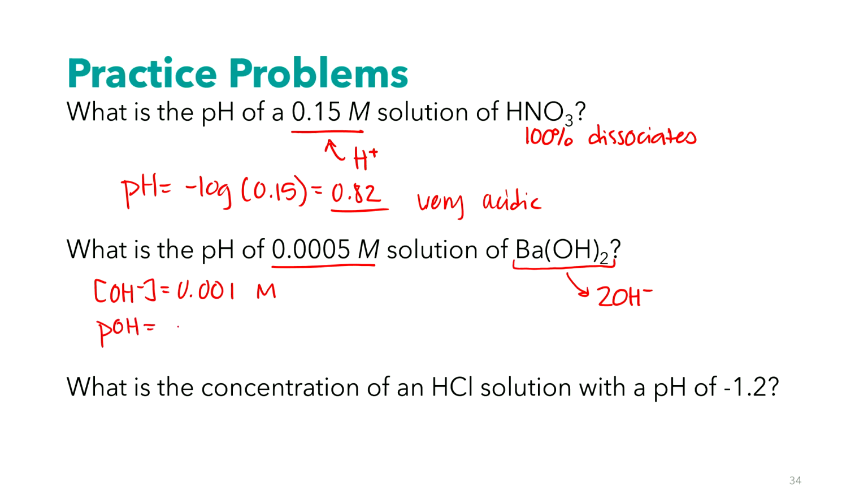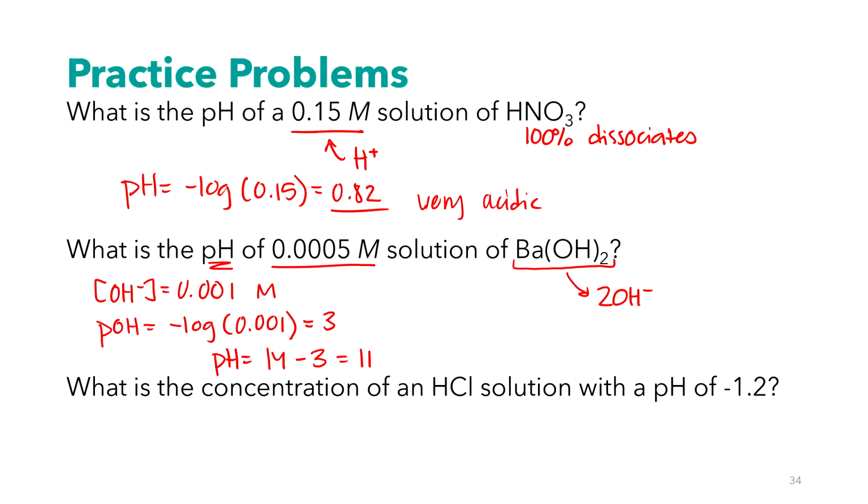I'm going to find the pOH first. I'm going to take the negative log of that value. That's my pOH. That is a 3, but I'm asked for pH. Remember that pH plus pOH equals 14. So pH equals 14 minus 3. So it's 11, and it's basic.